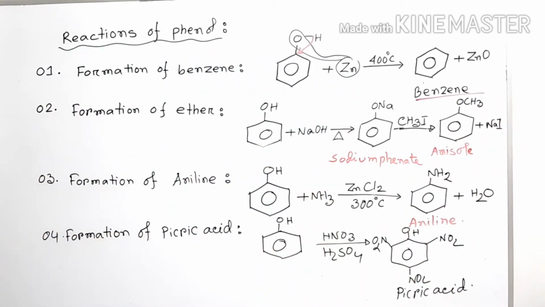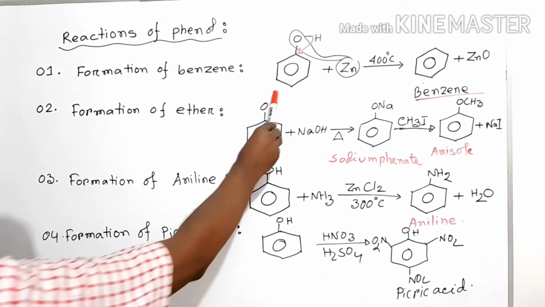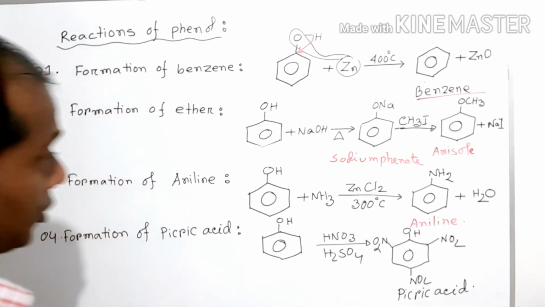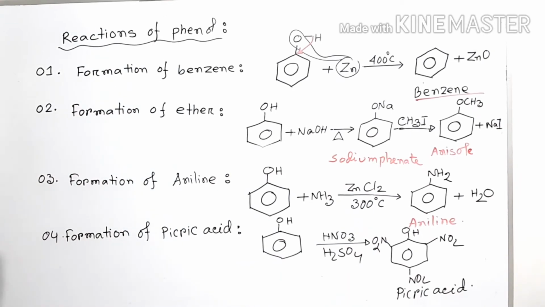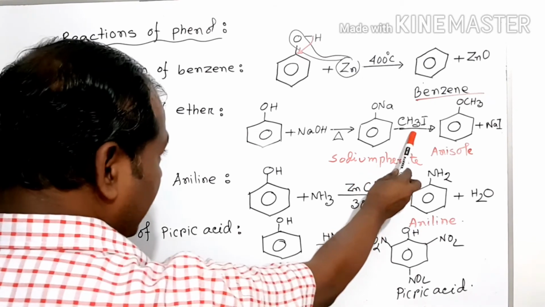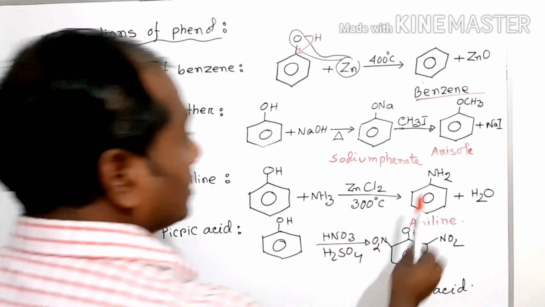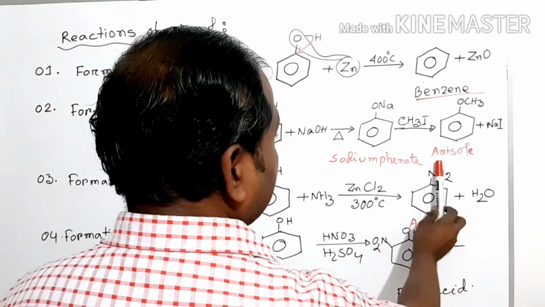Now, formation of ether. If phenol is heated with sodium hydroxide, then sodium phenate is produced, and then if alkyl halide reacts with sodium phenate, it forms this compound named anisole.